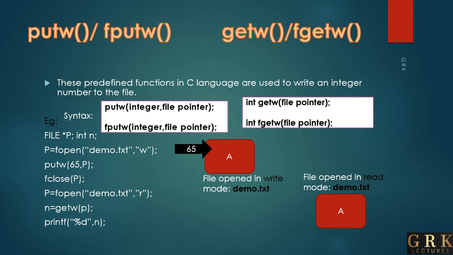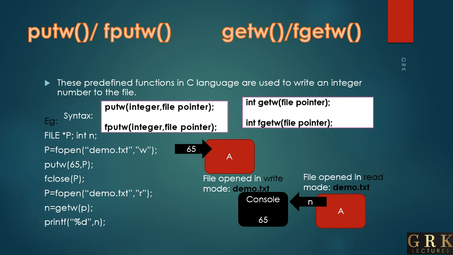In demo.txt we have capital A, but when we read and print on the console, we get exactly the number we entered earlier, that is 65, printed on the console. When you write an integer value using putw, it will not be stored as it is, its ASCII value will be stored.